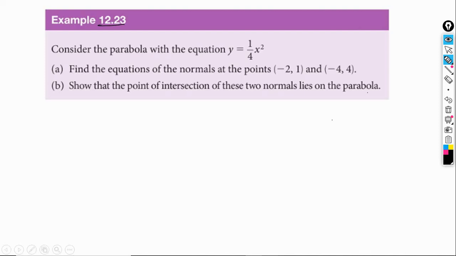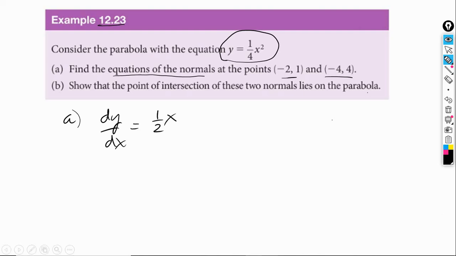All right, so here we are now on example 12.23, where they say, consider the parabola with the equation y equals 1/4 x squared. A, find the equations of the normals at the points (-2, 1) and (-4, 4). So let's start with that. First thing we need to do is to find the derivative, and the derivative, dy/dx, is simply going to be 1/2 x.